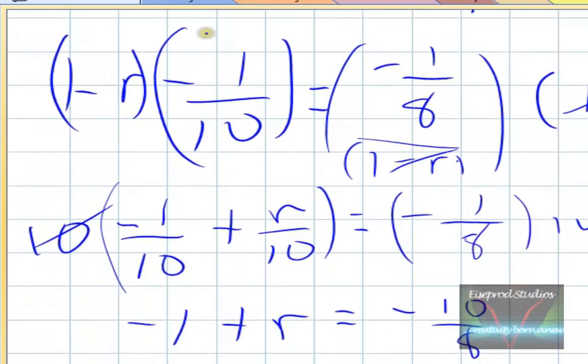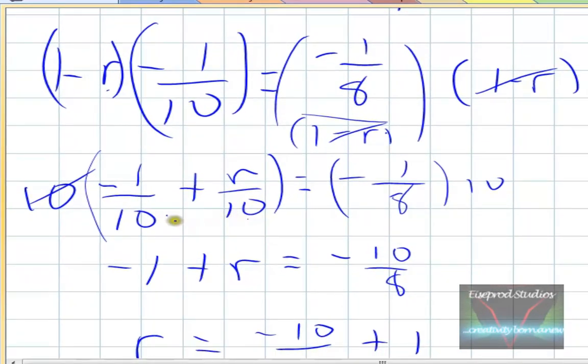Then I multiplied this negative 1/10 by 1 and by negative r. So I distributed it between this quantity, so I got negative 1/10 plus r over 10 is equal to just negative 1/8. And then to get rid of these denominators, I multiplied everything by 10.